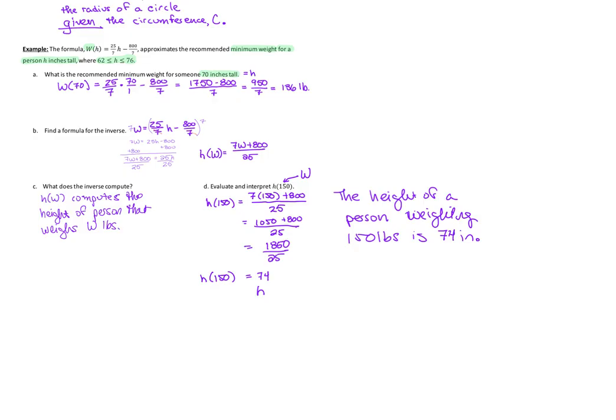Well, in order to do that, we're going to come back to our original function, w of h equals 25 over 7 h minus 800 over 7. And these are our restrictions that we have right now: 62 is less than or equal to h is less than or equal to 76.